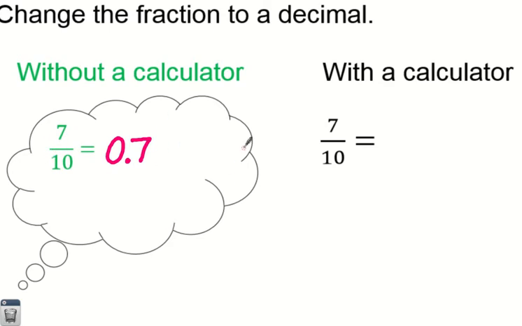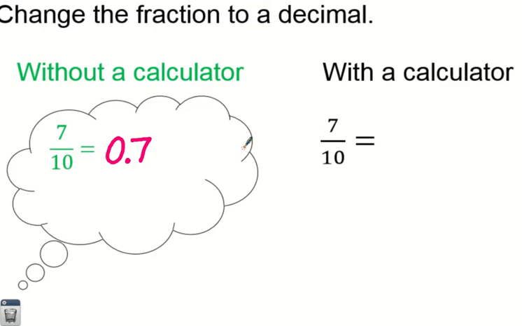But here is how we're going to do it with a calculator. For the most part, in this section, we're just going to be going with a calculator. Okay? So 7/10. There happens to be a nifty fraction to decimal, decimal to fraction function on the calculators that we have in class.